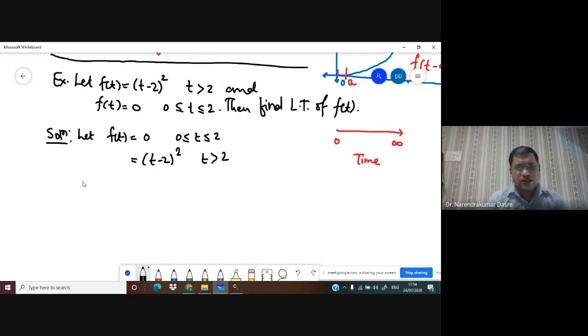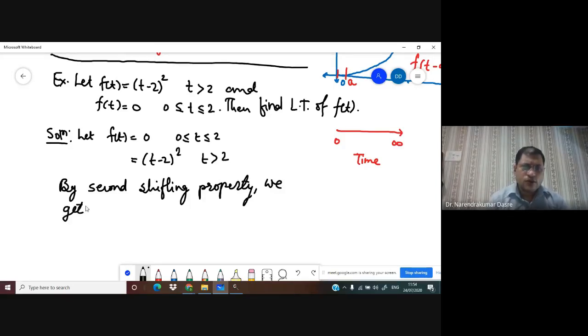Now that we know the second shifting property, we have to understand what A is going to be. In this example, the value of A is going to be 2. And hence I can write, by second shifting property, the Laplace transform of f of t is equal to e raised to minus as, where the value of a is here 2.